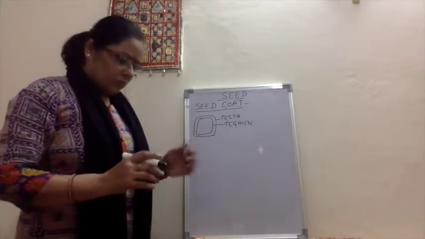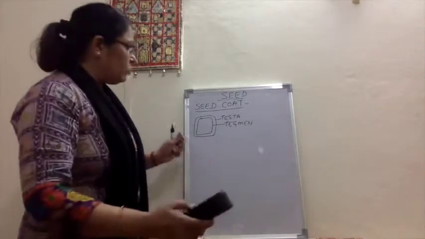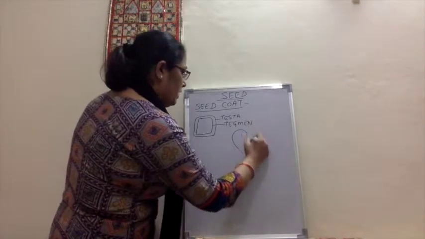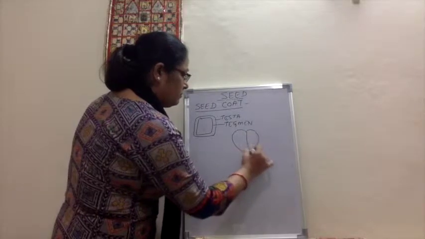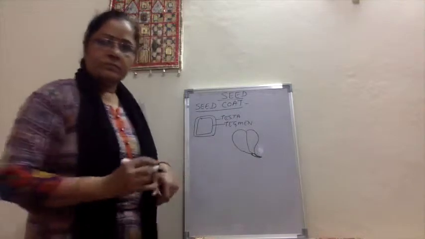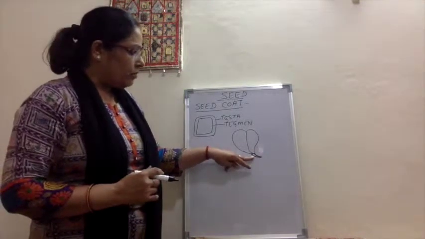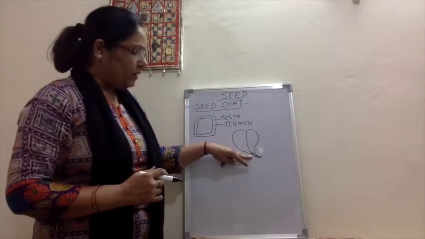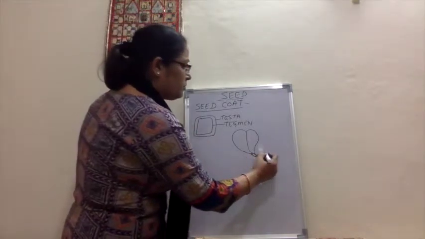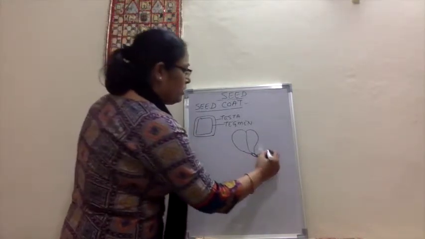Now there is one more outgrowth at the micropylar end of the seed, like in gram or pea. There is a small protruding outgrowth at the micropylar end, which is called caruncle.